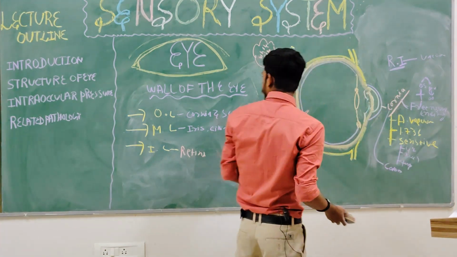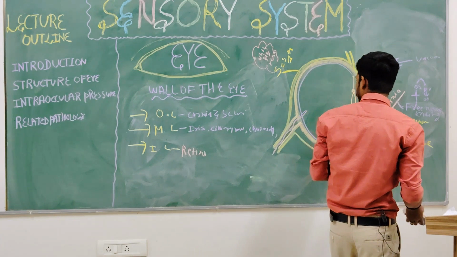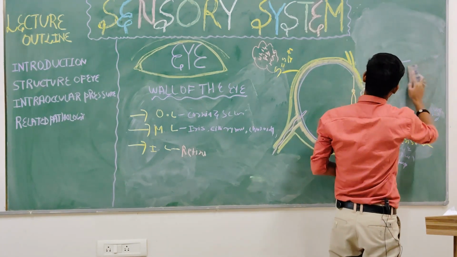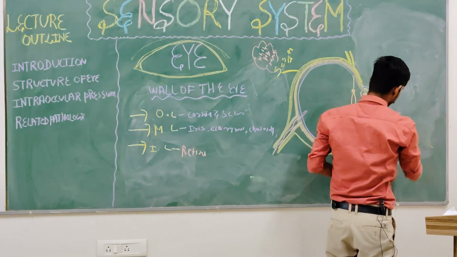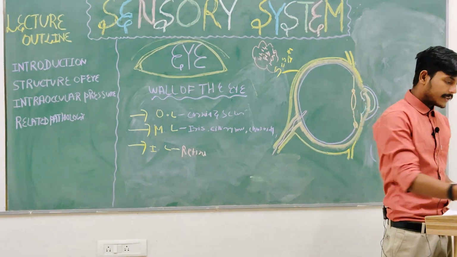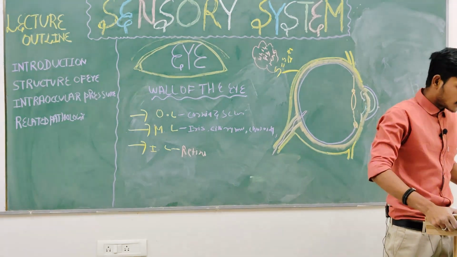Now let's move ahead and discuss the middle layer, which consists of the choroid, ciliary body, and iris. The first part of the middle layer is the choroid.